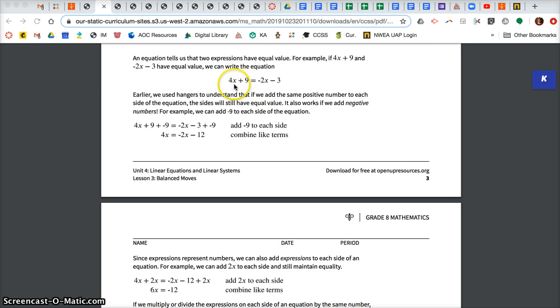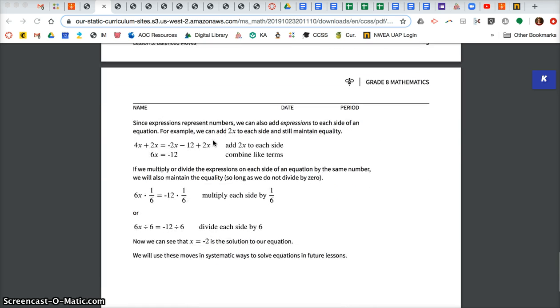So the variable meaning the x, the y, or the z on both sides. And it's reminding us that we have used hangers in the past to model that we need to keep the hanger balanced. And just like we need to keep the hanger balanced, we need to keep our equations balanced. So whatever we do to one side of the equation, we have to do to the other side of the equation.